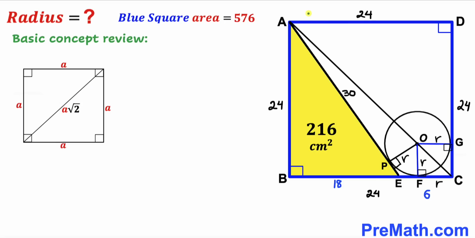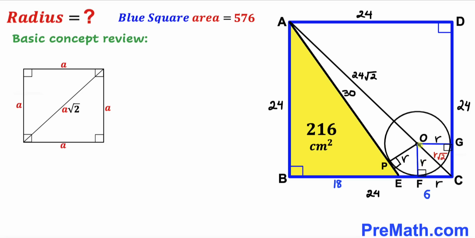Now let's focus on this big blue square ABCD whose side lengths are 24 and 24 across the board. So therefore, its whole diagonal AC is going to be 24 times square root of 2 centimeter. And now let's focus on this tiny square FCGO whose side lengths are lowercase r and lowercase r.